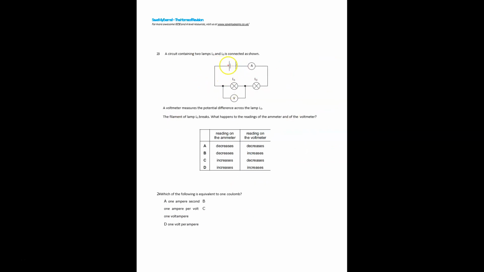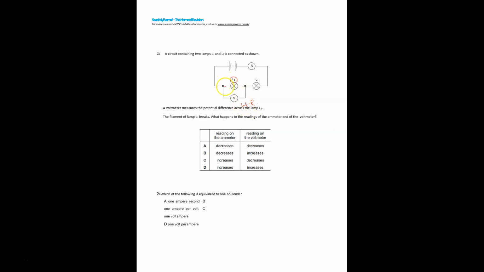Okay, in this circuit a battery and two bulbs are connected with an ammeter. If this lamp L1 is broken, how will the current pass? It will pass through the voltmeter, right? So what happens here? The voltmeter basically has a higher resistance.